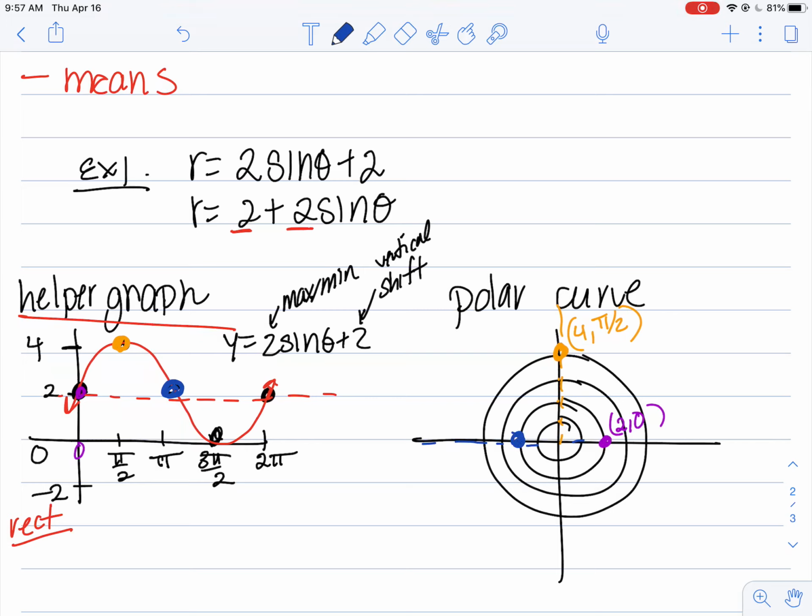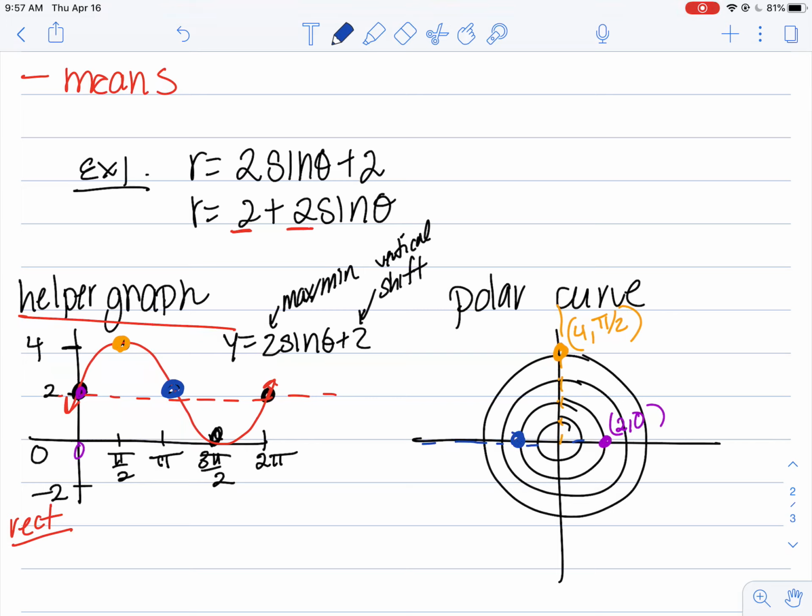So when you see a graph that looks like a plus a sine theta, you're going to have a vertical distance between the pole and the point that's furthest out, and that's 2A. And the plus means that the cusp is pointing up.